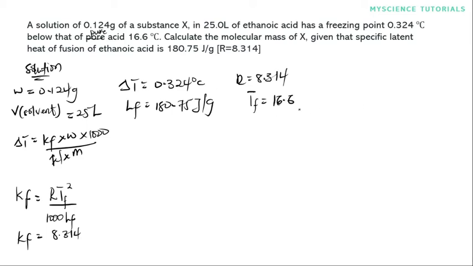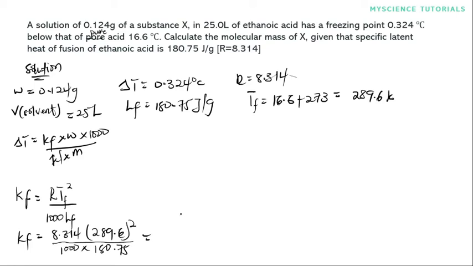It's in degrees Celsius, so we convert it to Kelvin, so we add 273, and that will give us 289.6 Kelvin. So this multiplied by 289.6 all squared divided by 1000 multiplied by the LF was given to us in the question as 180.75. So if we input everything here into the calculator, we are going to get 3.86 as the value of our Kf.